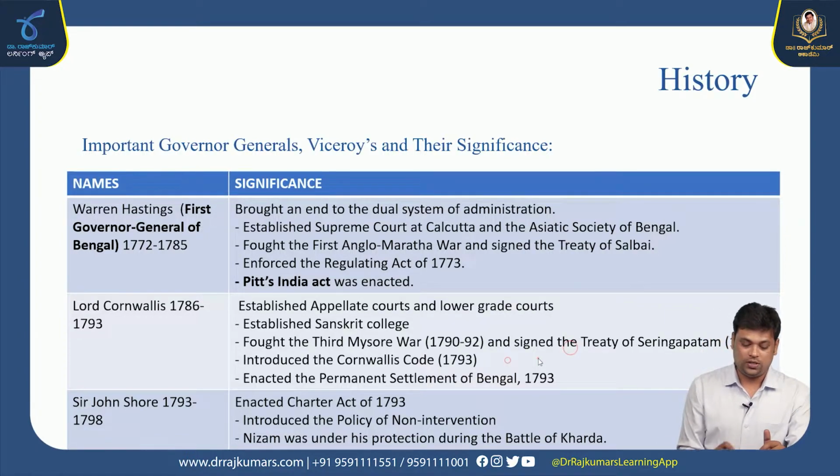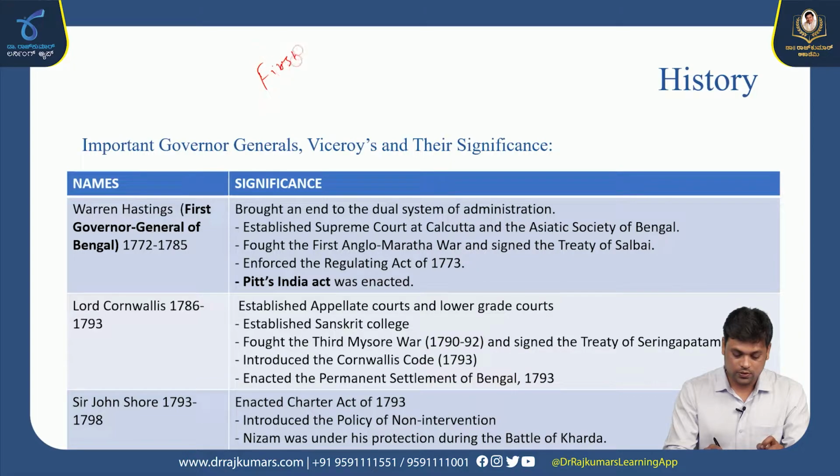The significant thing is you need to know the firsts: Governor of Bengal, Governor General of Bengal, Governor General of India, Viceroy of India. The first Governor of Bengal is Robert Clive.